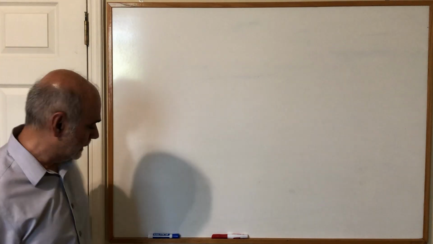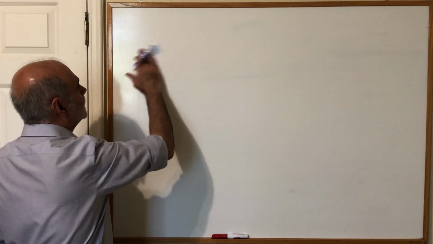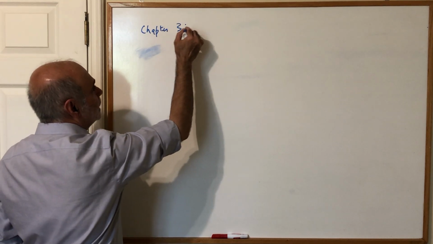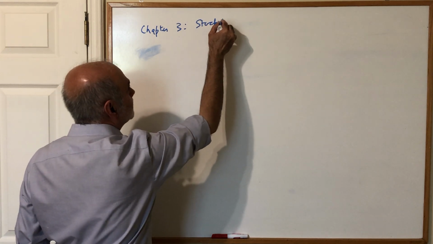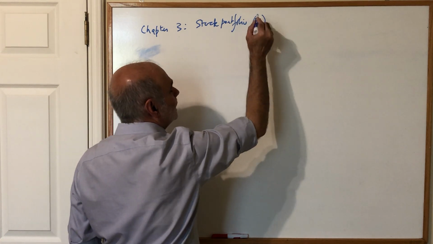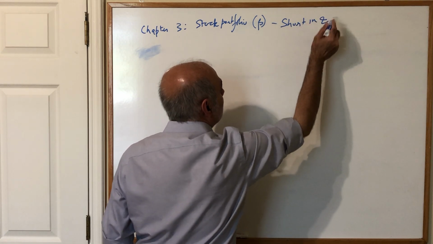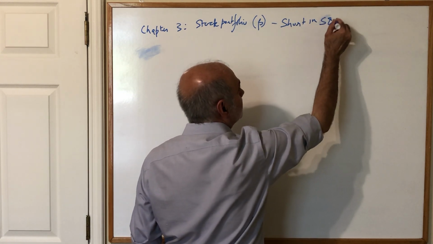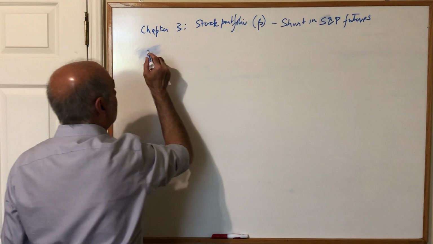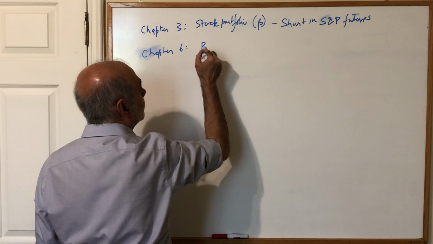So, summarizing this, in chapter 3, you had a stock portfolio, okay, that was measured by its beta, and you hedged the risk by taking a short in the S&P 500 futures. Now, in chapter 6, we have a bond portfolio.